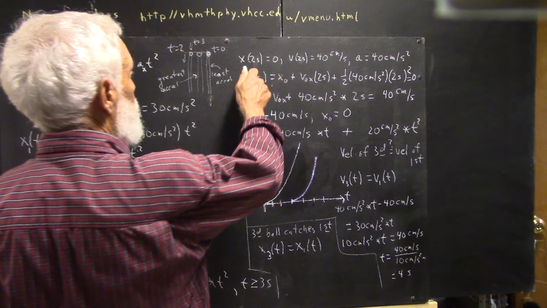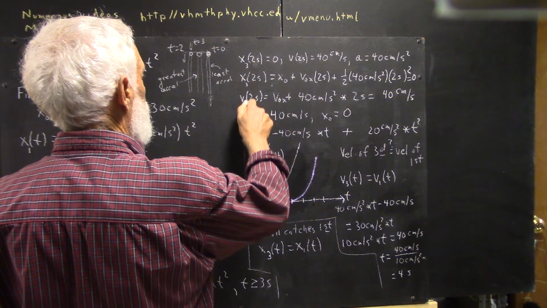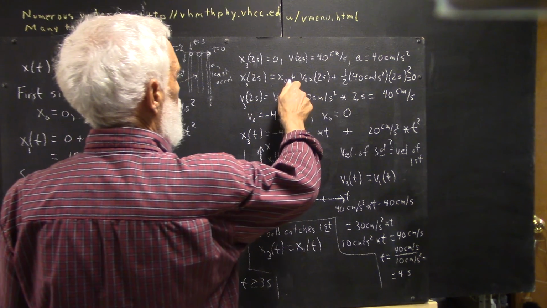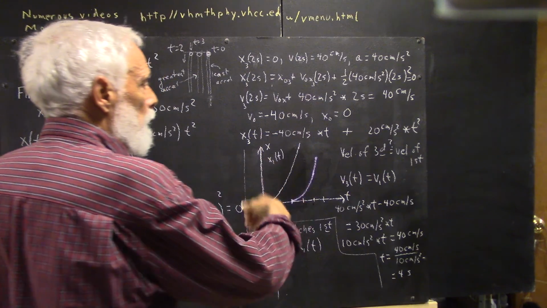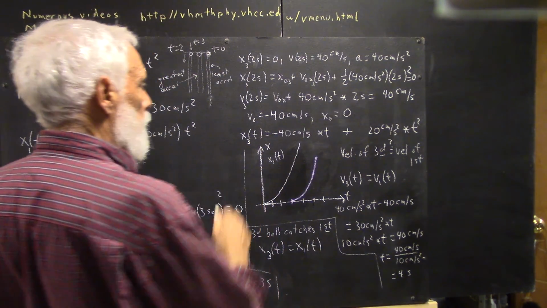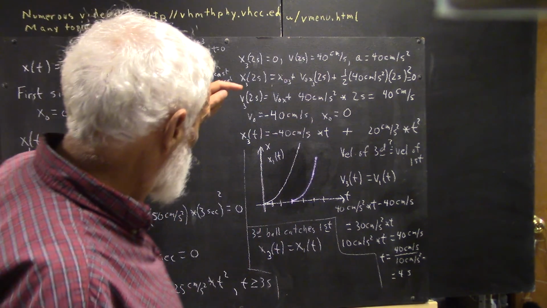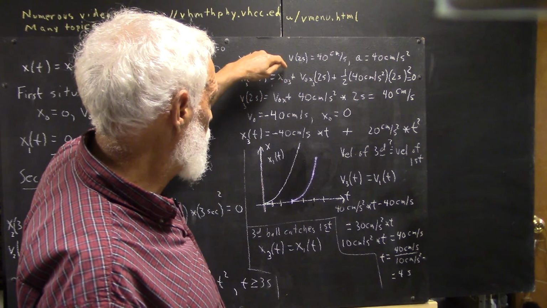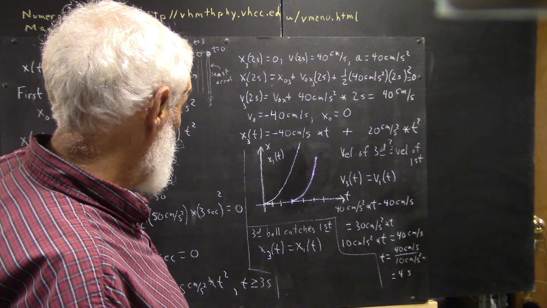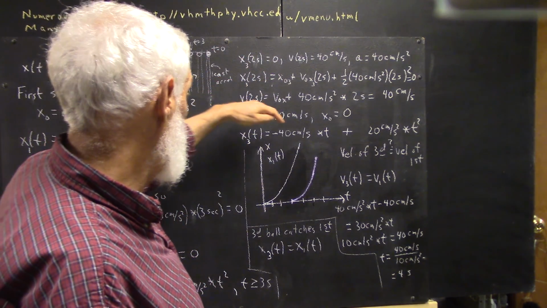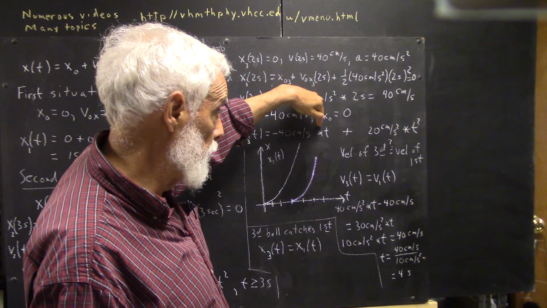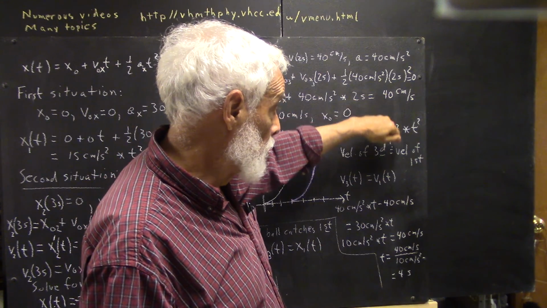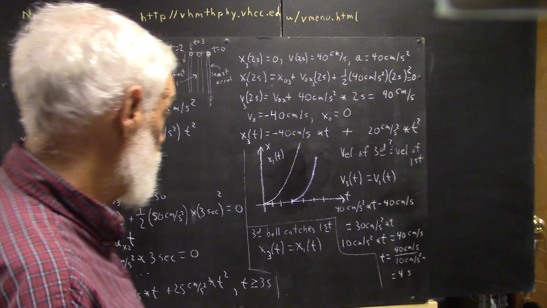Okay, and we could put subscripts in this, x3 and v3, and x03, v0x3, and so forth. When we solve for v0x and x03, we get x3 of t is negative 40 centimeters per second times t, plus 20 centimeters per second squared times t squared.